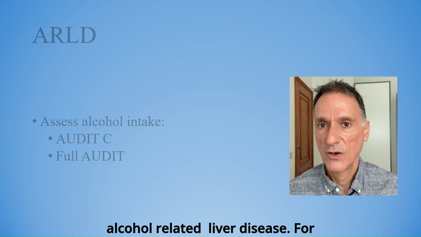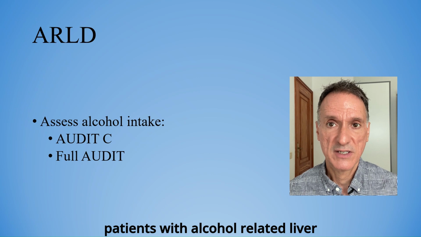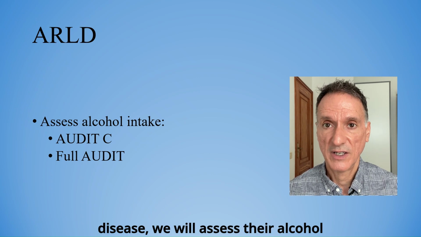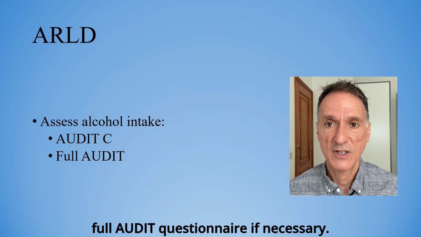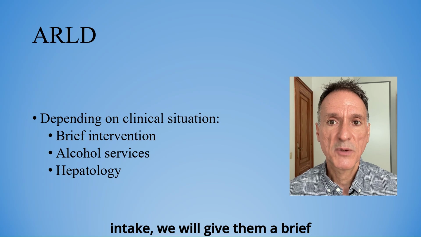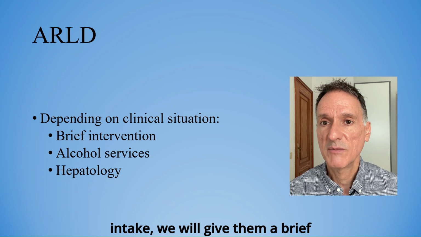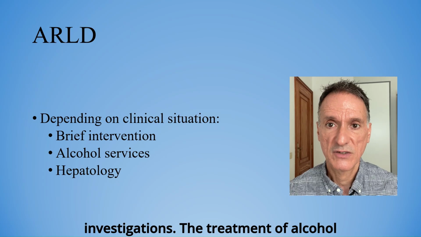Let's now look at alcohol-related liver disease. For patients with alcohol-related liver disease, we will assess their alcohol intake using the AUDIT-C or the full AUDIT questionnaire if necessary. Depending on the severity of the alcohol intake, we will give them a brief intervention, refer them to alcohol services or hepatology for further investigations.